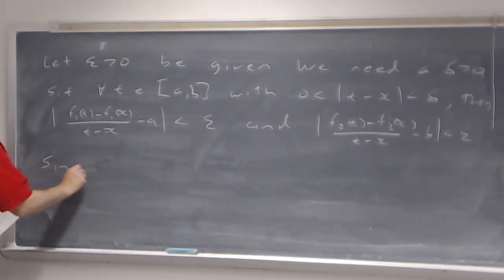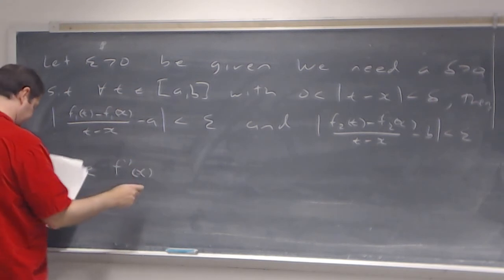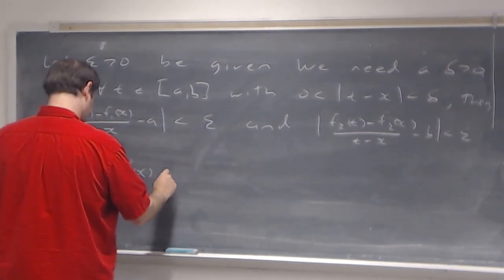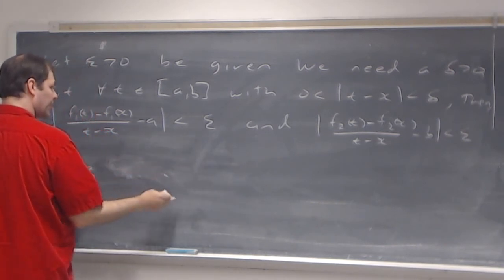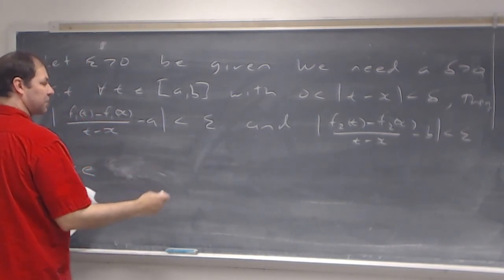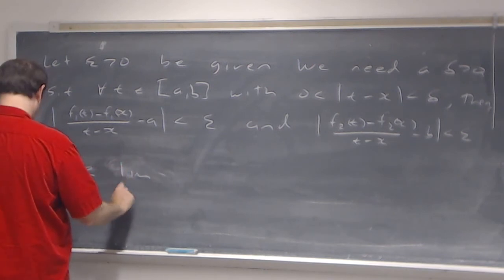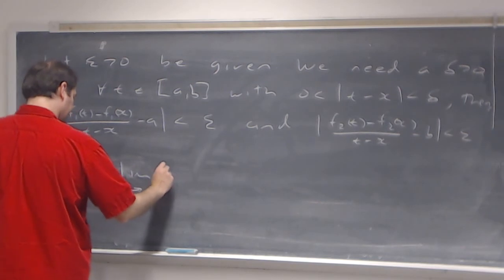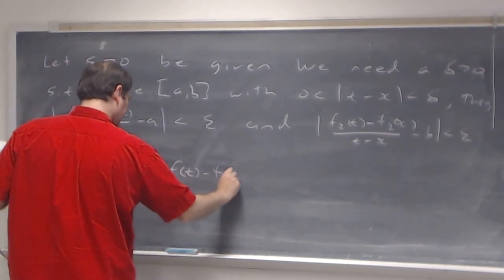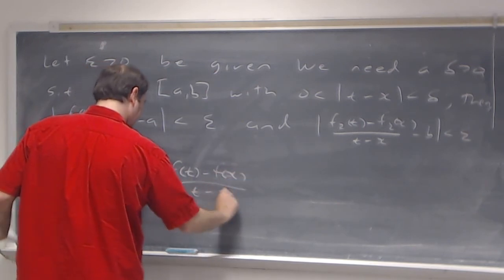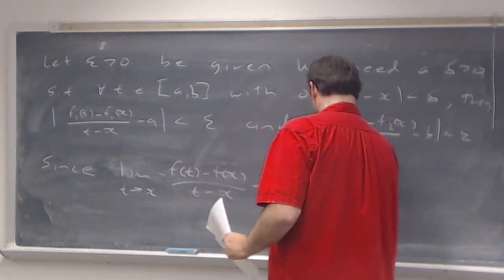Here's the reason we can do it: since f prime of x exists, and let's write it this way, we know f prime of x is equal to a plus bi. Since that is true, we have the limit as t goes to x of f of t minus f of x all over t minus x is equal to a plus bi.